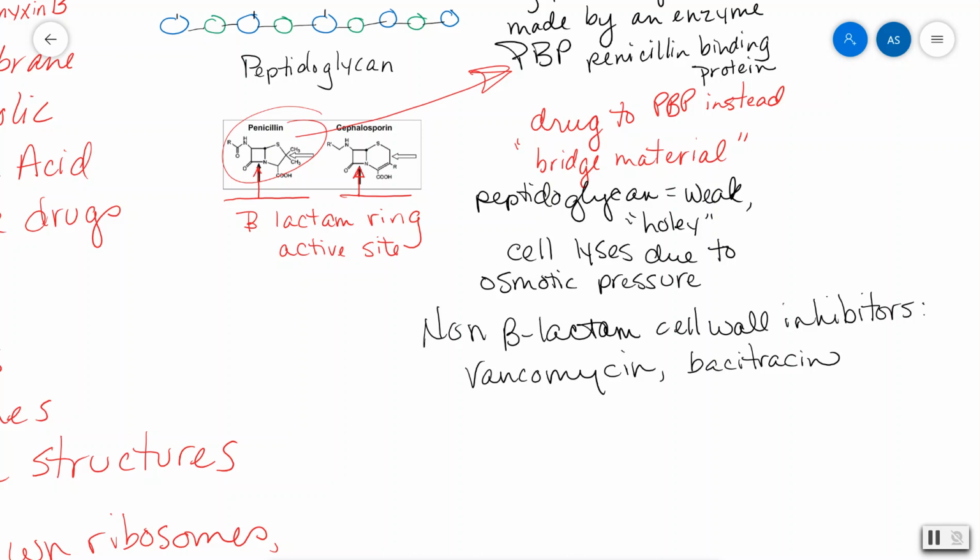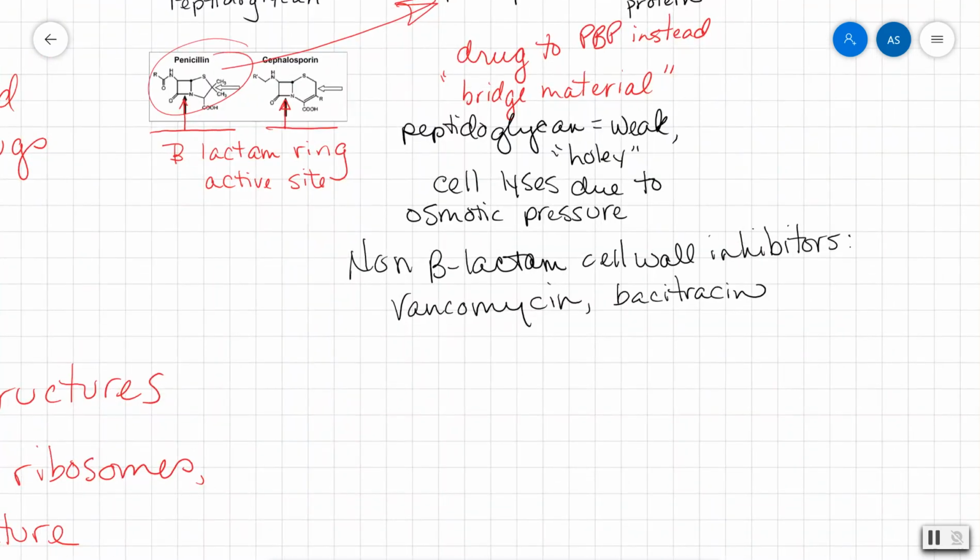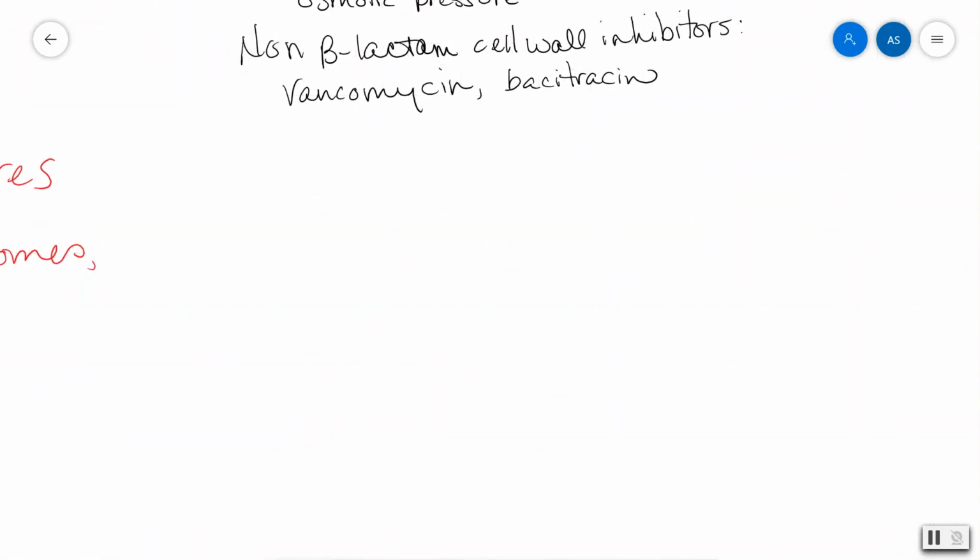I now want to switch gears a little bit and talk about drug resistance, because that is such a huge topic. Resistance to antibacterial drugs can emerge through spontaneous mutation.